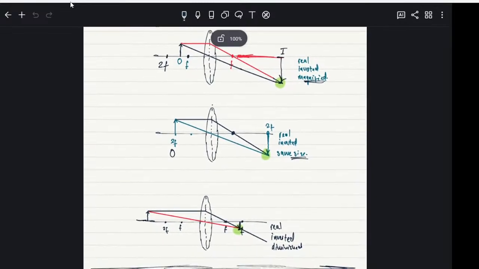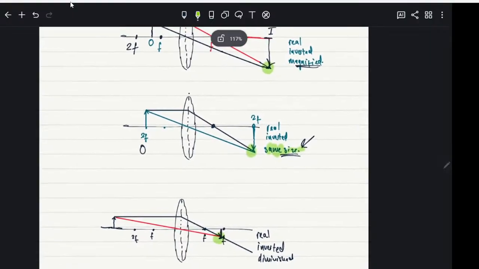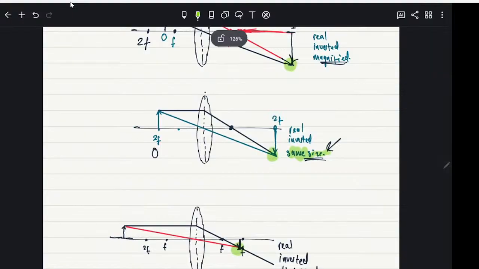At 2F, exactly at 2F, it's the same size. Come on now. You should actually remind me, sir, when it's exactly at 2F, you get it being the same size. Are we together? Students? Good. All good?